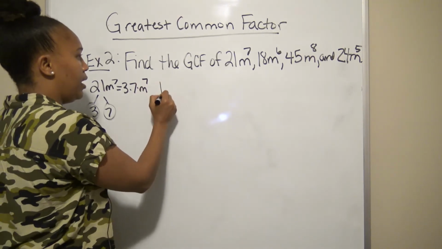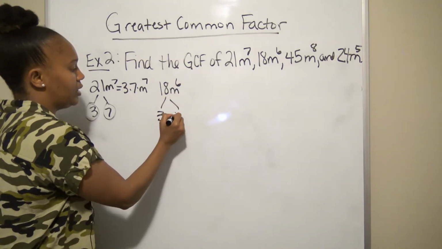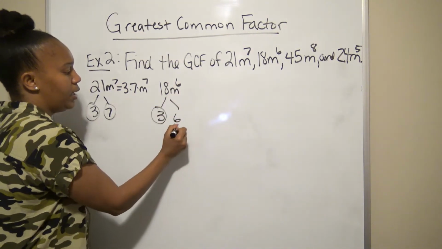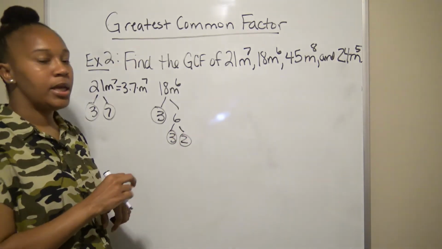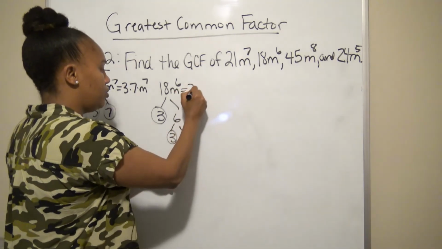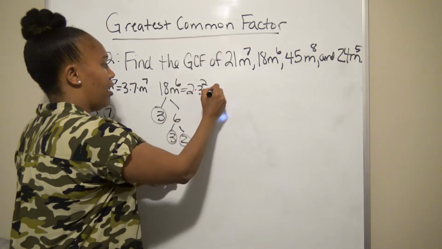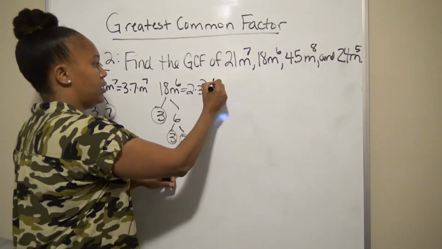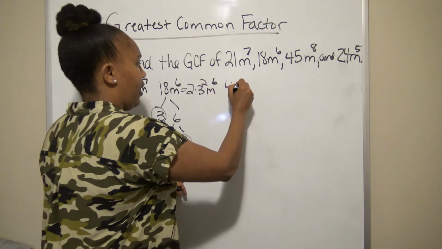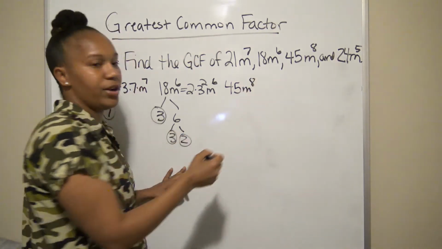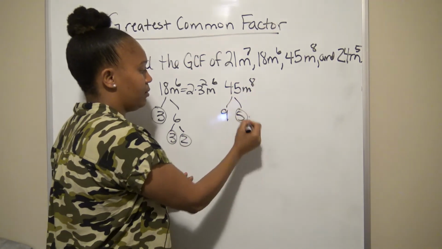All right. 18m to the 6th. Well, 18 is 3 times 6. 3 is prime. 6 is 3 times 2. 3 and 2 are prime. So this would be, you have 1 2 and you have 2 3's. So 3 to the 2nd and you have m to the 6th. So now 45m to the 8th. 45 is 9 times 5. 5 is prime, so we will leave that alone.